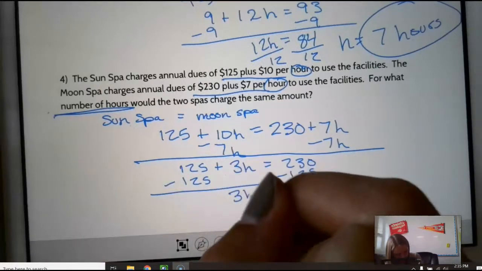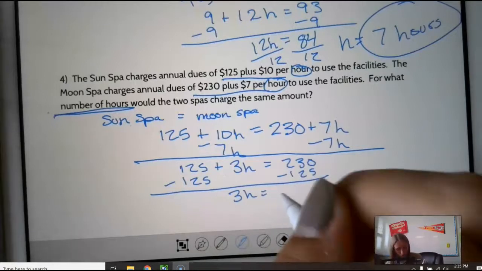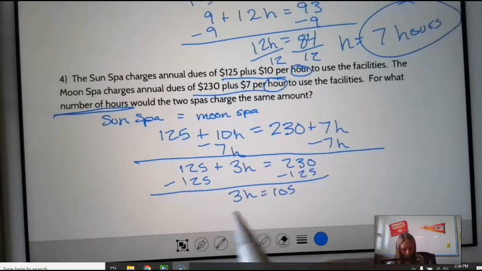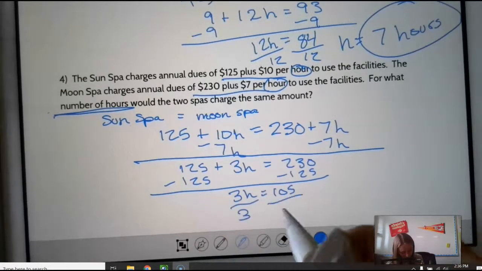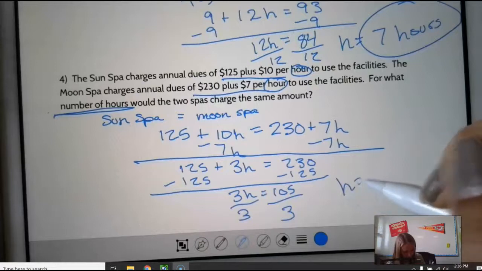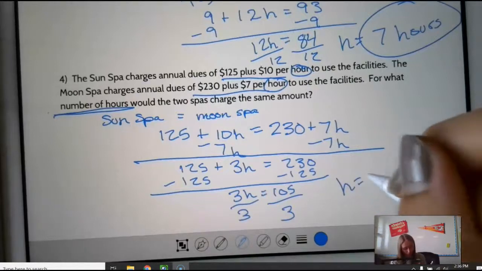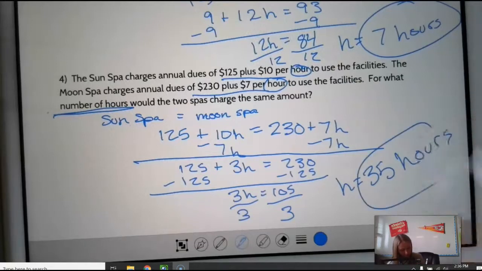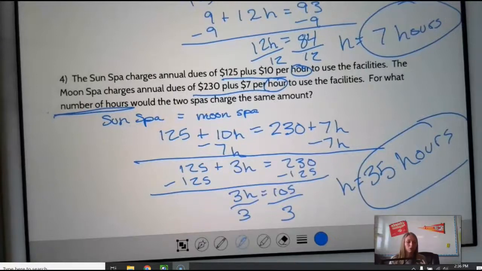And I get 3h equals 105. Alright, I'm almost done. I need to get h by itself, so I'm going to divide by 3. And h equals 35 hours. Alright, so that means I would have to go to both of those spas for 35 hours for my total cost to be the same.